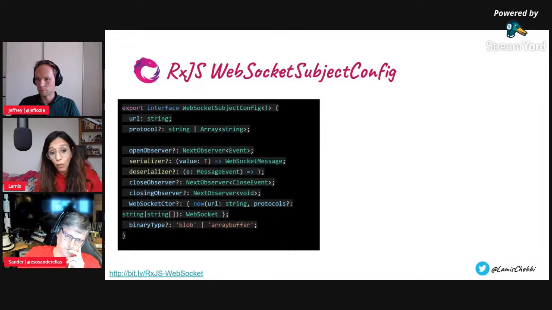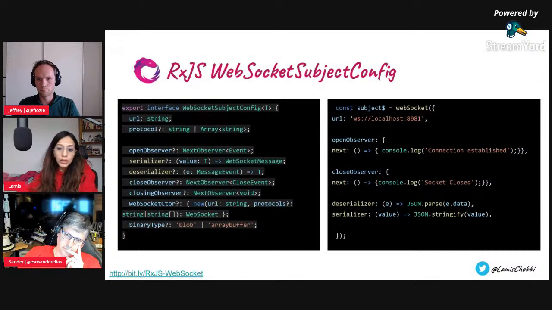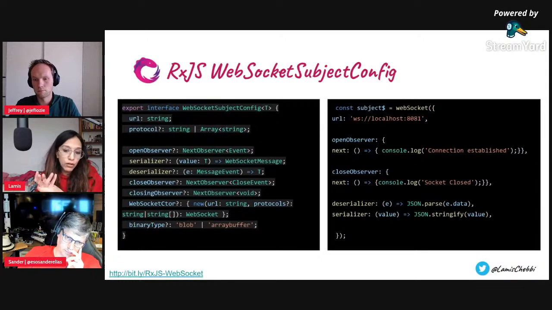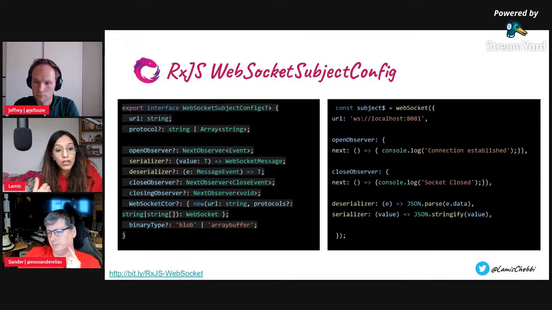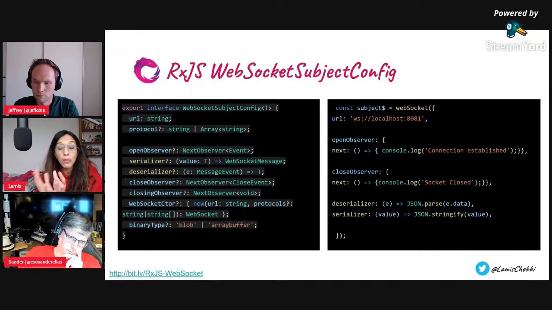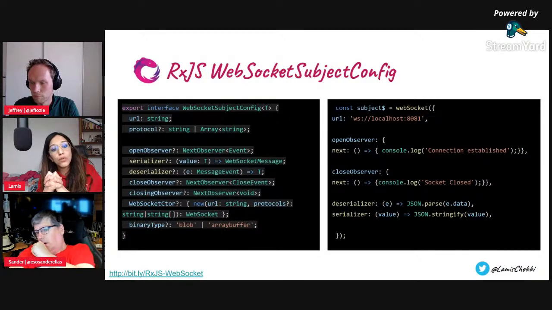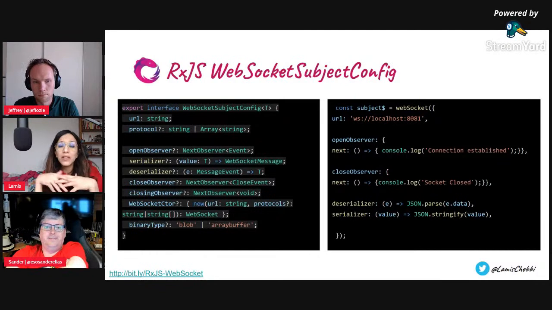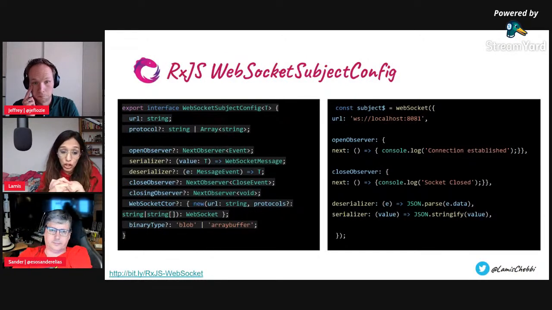By default, for serializing messages it will be JSON.stringify, and for deserializing the messages it is JSON.parse. This is by default, but you can customize those methods if you have other types of incoming and outgoing messages. So this is very useful. Also, you can specify the protocol and many other customizations.